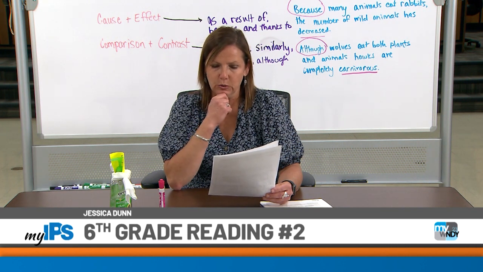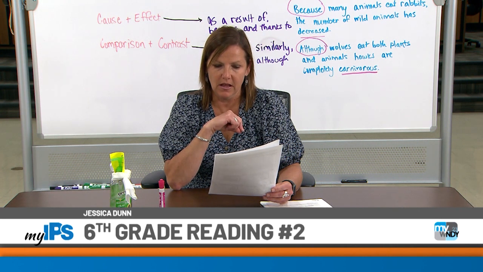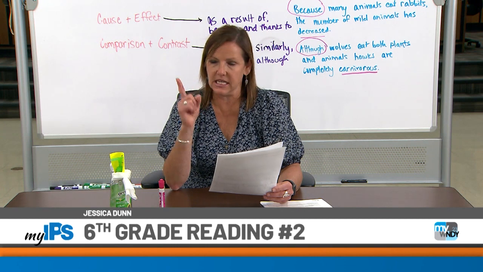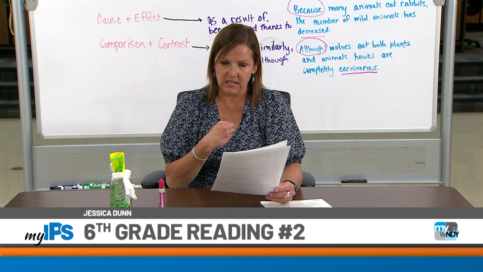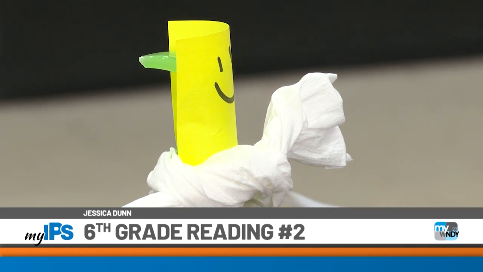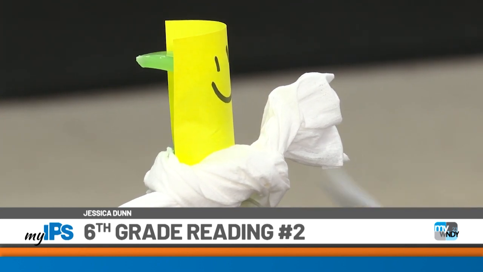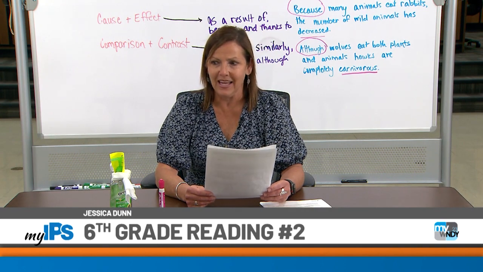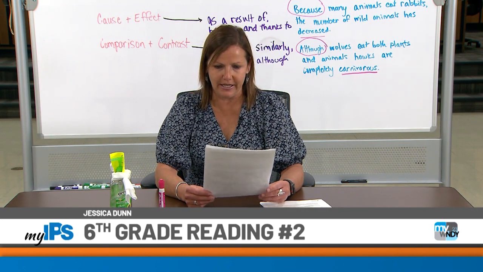I've got that clue, that signal word, thanks to its defense mechanism, the opossum keeps itself safe from predators. So I think that's an example. The defense mechanism must be what keeps the opossum safe from those things trying to eat it. I love trying to find the context clues. You know what? I feel like a pretty good detective right now.